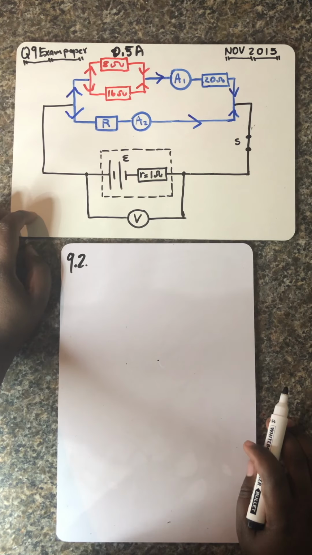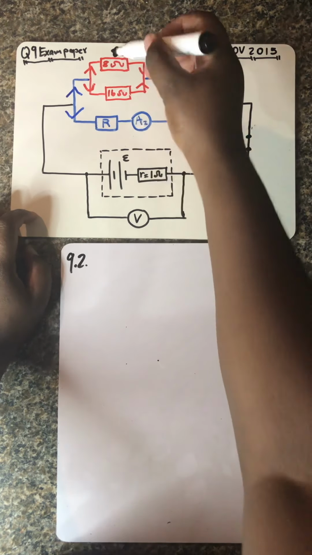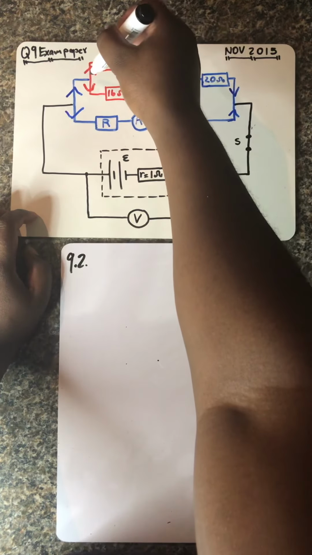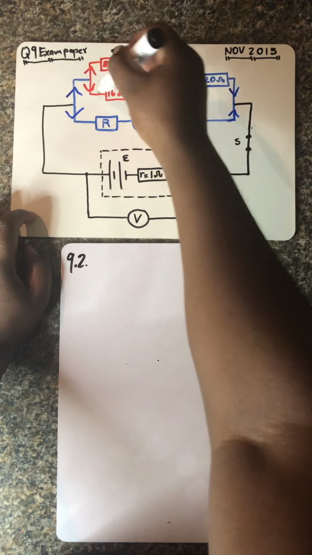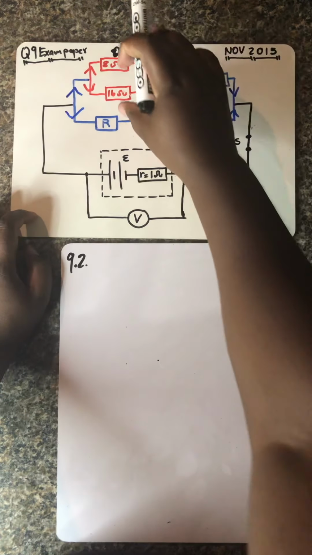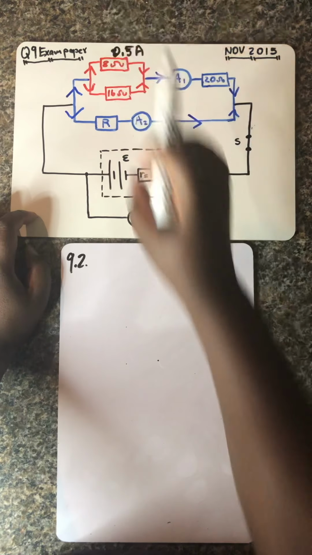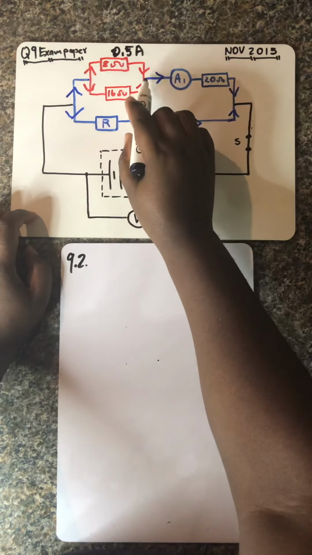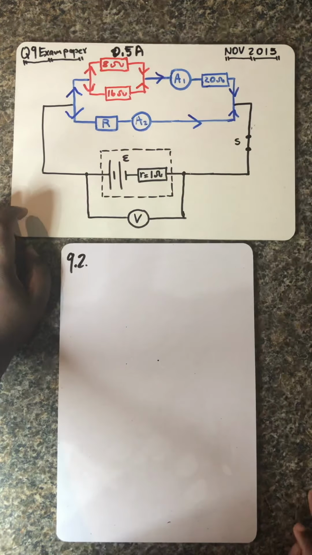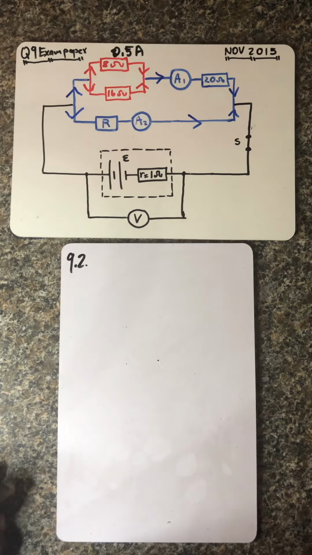So that means we are able to calculate the current flowing there and there. And we know the sum of these two currents is the same as the current passing through ammeter 1.